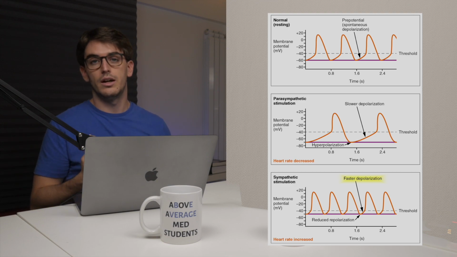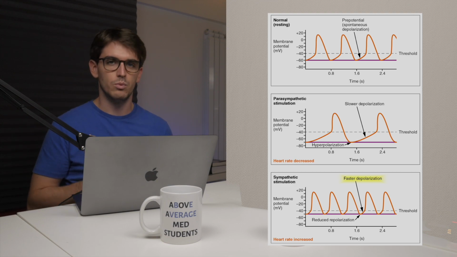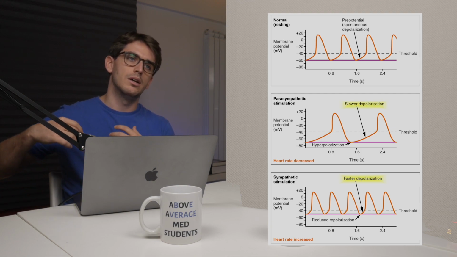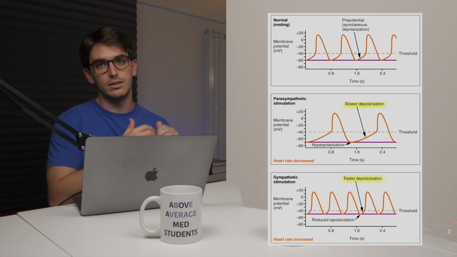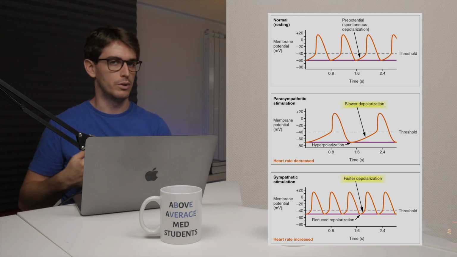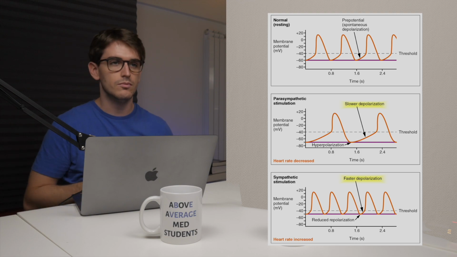On the contrary, an increase in potassium permeability will slow down the heart rate, because potassium will be facilitated in leaving the cell. Therefore, repolarization will happen more quickly than depolarization.